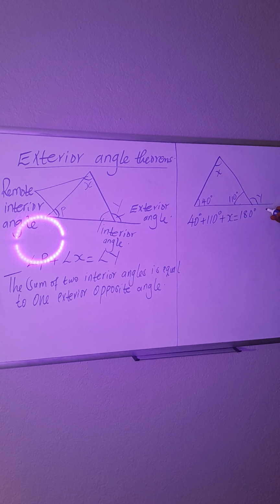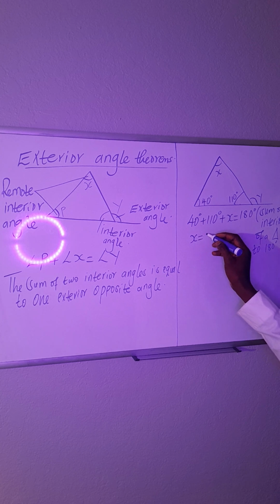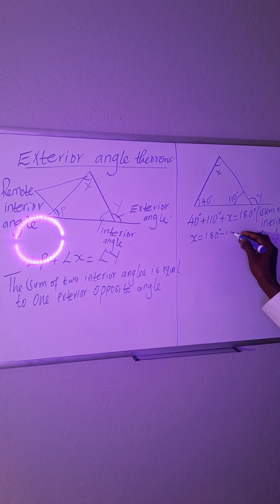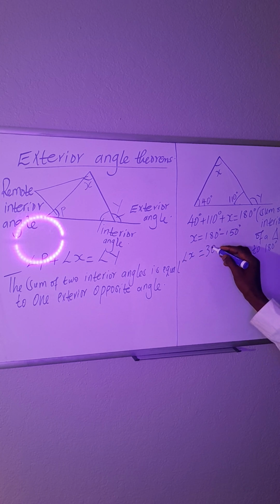The sum of interior angles of a triangle add up to 180 degrees. So this you must know. So angle X is equal to 180 degrees minus 150 degrees, since 40 plus 110 is 150. So angle X is equal to 30 degrees.